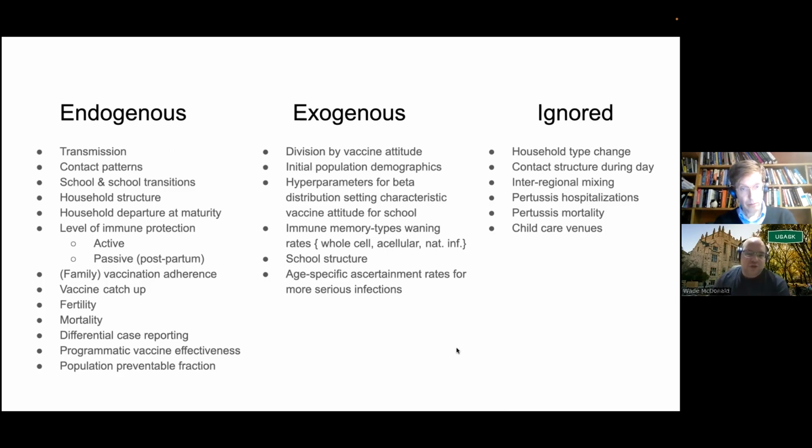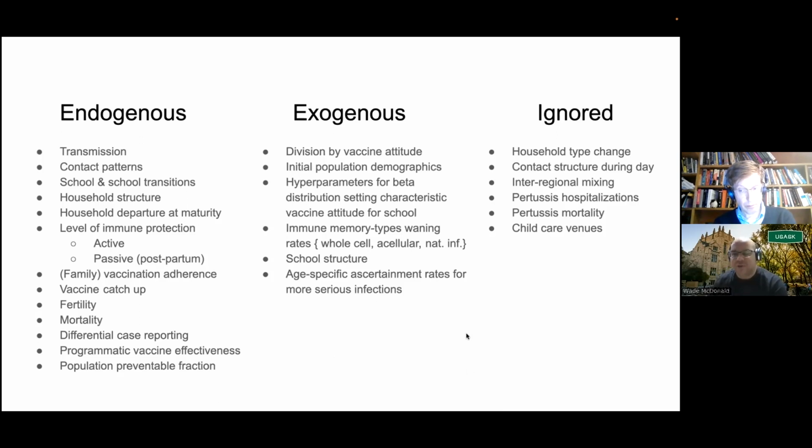Immune protection was represented as active and passive protection on a continuous state basis. Family vaccination adherence was considered. Vaccine catch-up for those who missed doses but remain accepting of vaccines. Fertility, mortality, differential case reporting based on the severity of infection, vaccine effectiveness, and the population preventable fraction, which is a measure related to vaccine effectiveness.